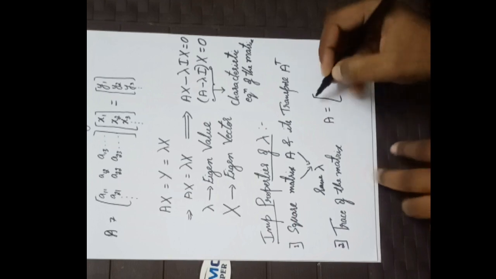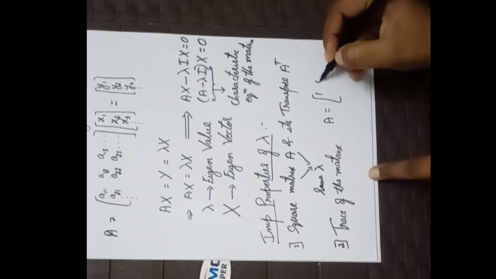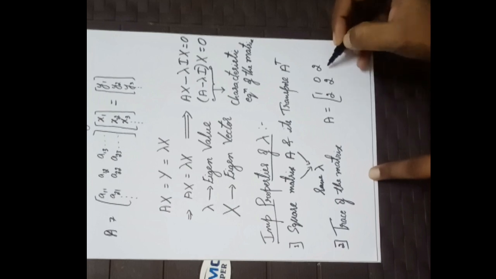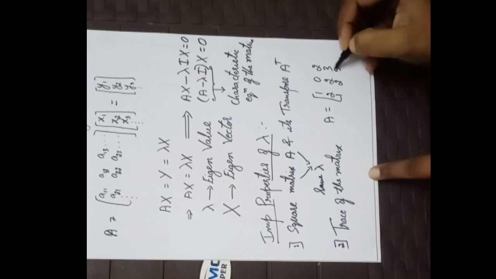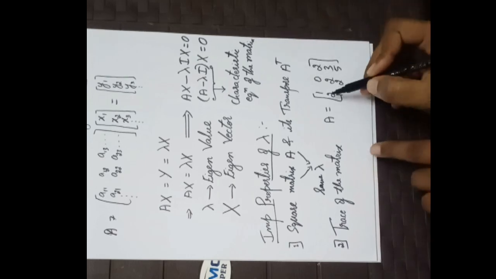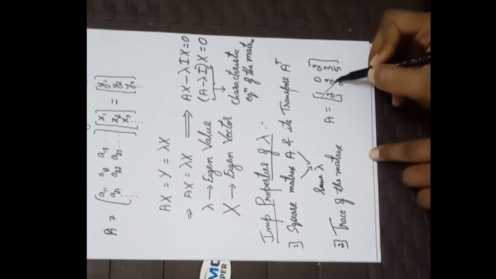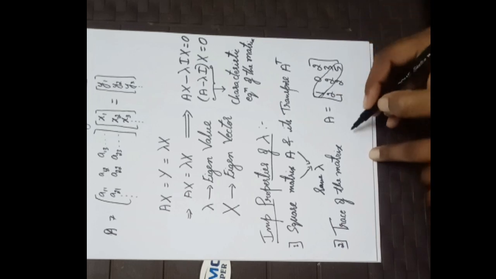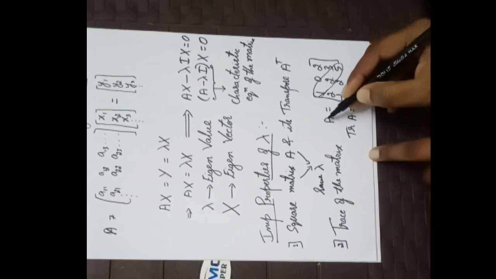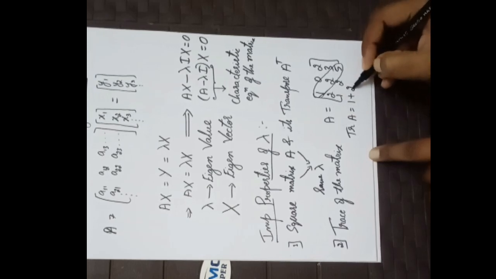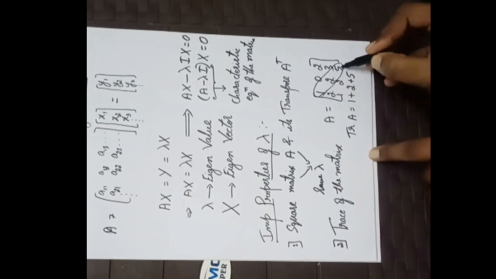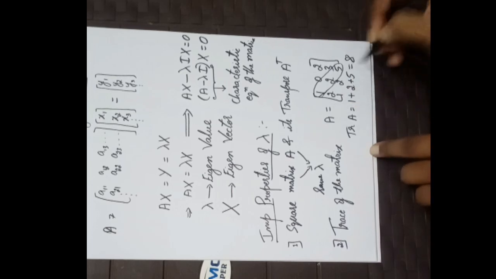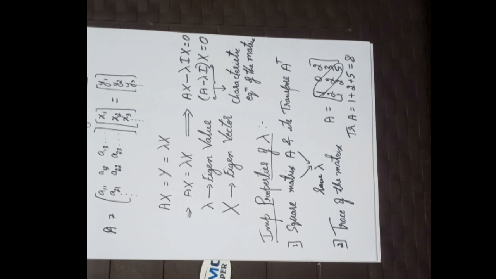For example, A is equal to, let's say, 1, 0, 2; 2, 2, 3; 1, 2, 5. Just an example. The trace of a matrix is the sum of the diagonal elements. Here the trace is 1 plus 2 plus 5, that is 8.